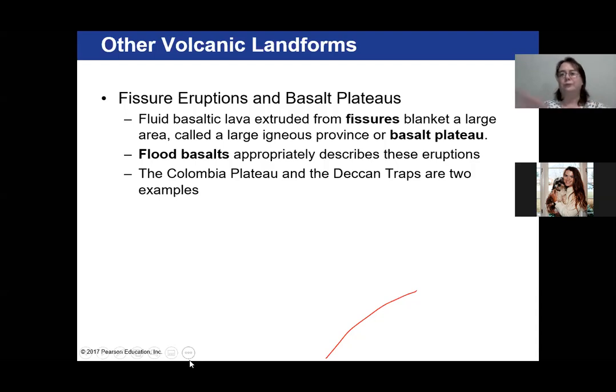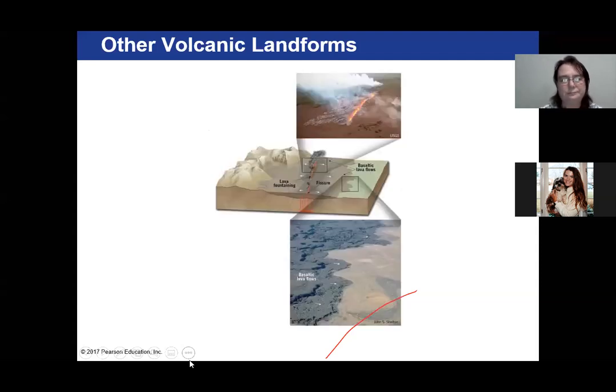They literally flood the area. The Columbian Plateau in Oregon and Washington is one such place, and the Deccan Traps in Siberia, I think it's Siberia, are another place. That's the one that erupted for hundreds of years and put out a lot of material.